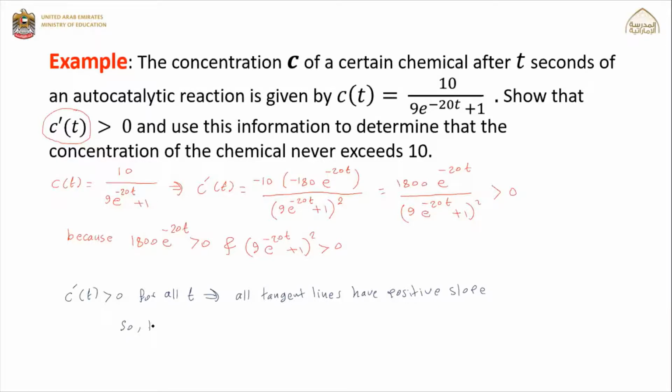So the graph of C(t) is increasing from left to right, all the time.